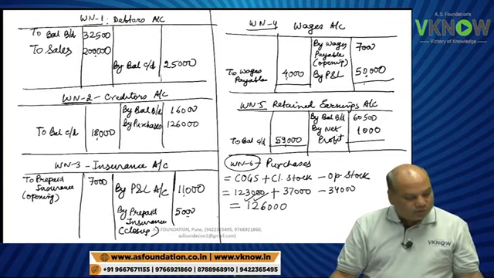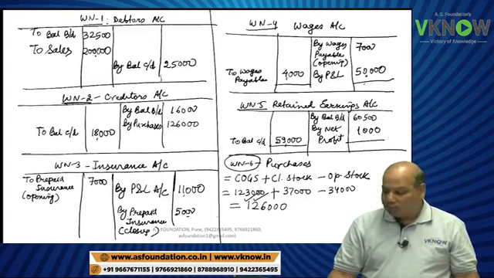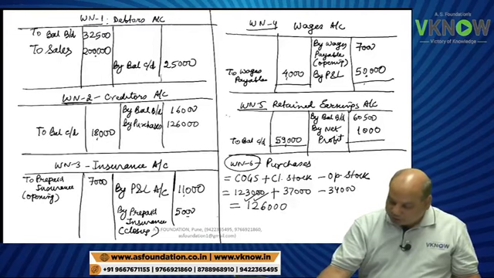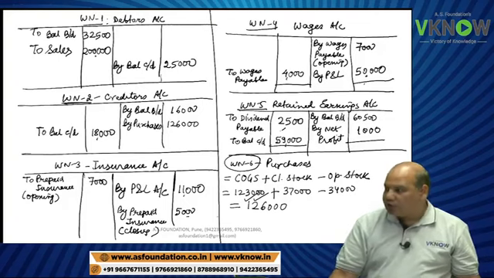There is a note given below. Dividend paid 2,500. Retained earning account debit. So here I am going to create a liability, dividend payable 2,500.